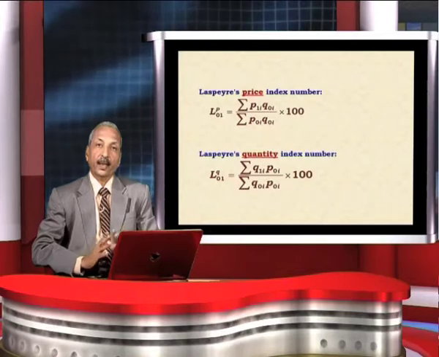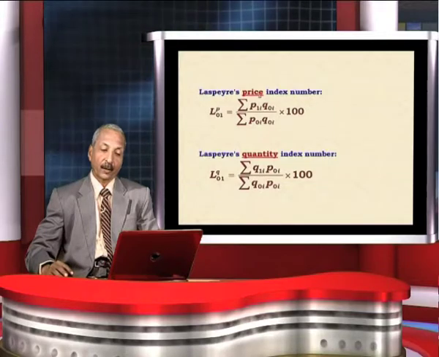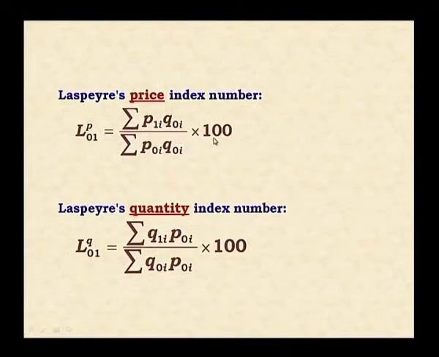For example, if we are considering the Laspeyres index number, then the Laspeyres price index number formula is given by this, as we have discussed earlier, and the Laspeyres quantity index number, which is denoted by L01Q, will be equal to sigma Q1i times P0i divided by sigma Q0i times P0i. Here we can see that in these two formulas, the P's are replaced by the Q's, and the weights taken here are the prices of the commodities in the base year.